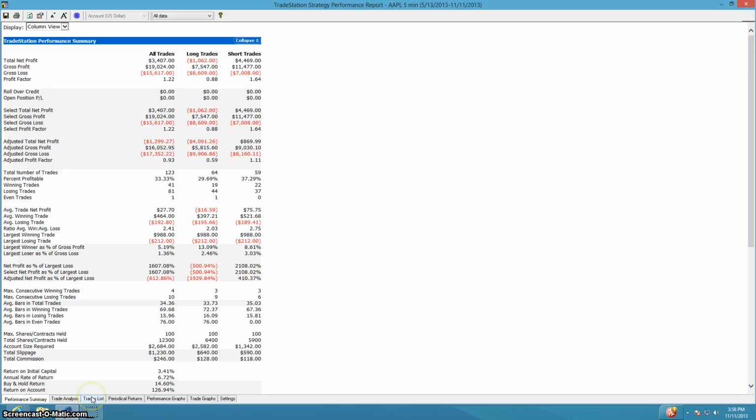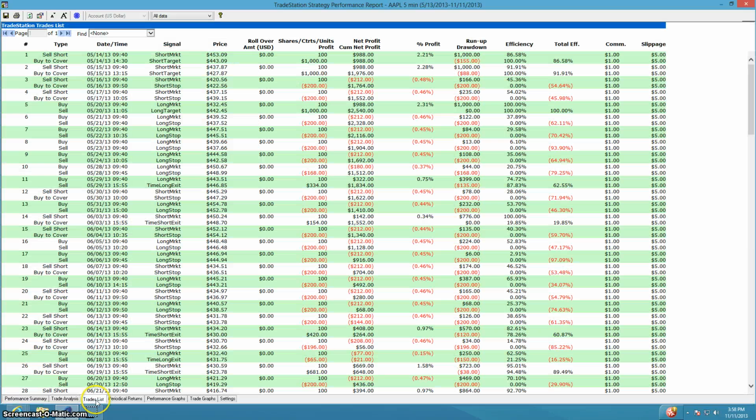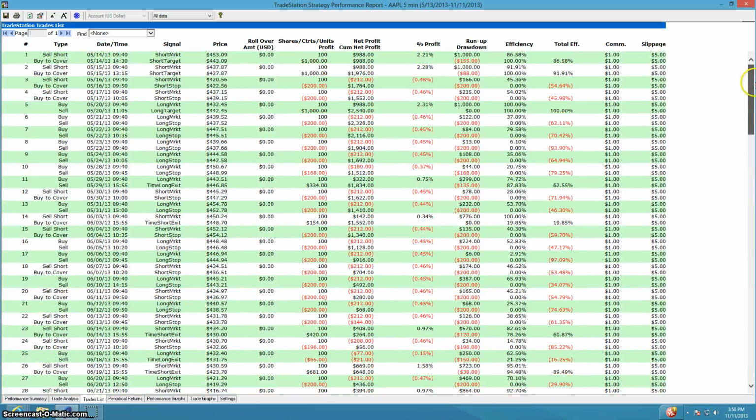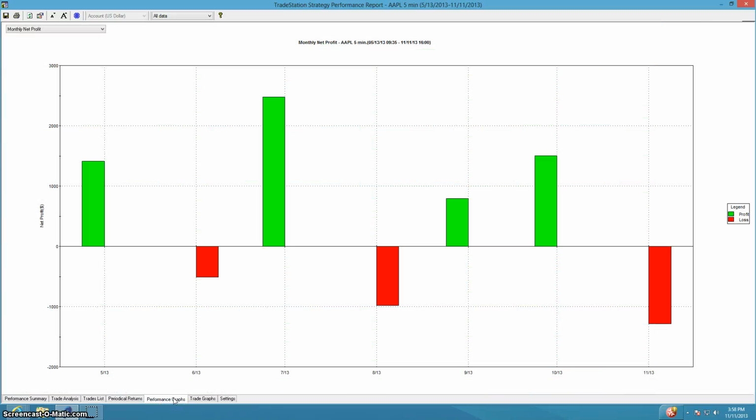There's also some other cool tabs here. This actually will go in and list all of the 123 trades that we've had all the way back through May of 2013. Another tab that I really like is the performance graphs tab.